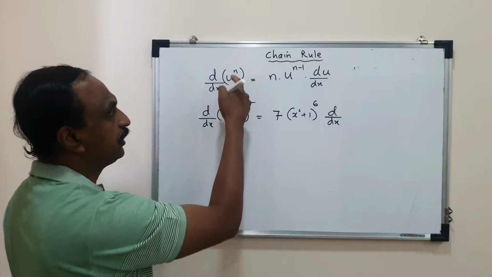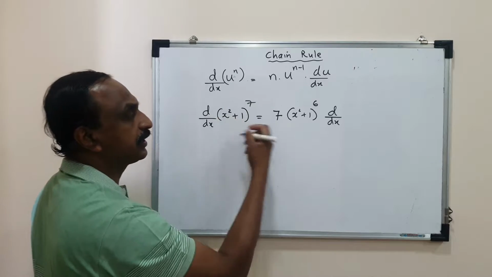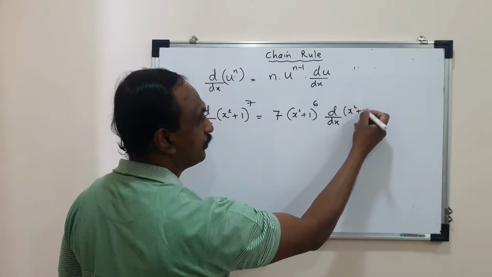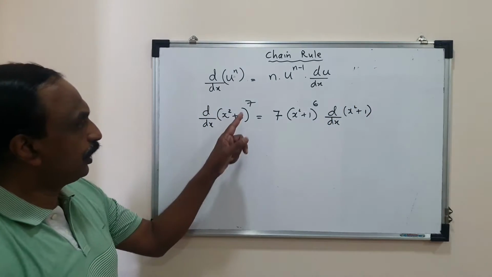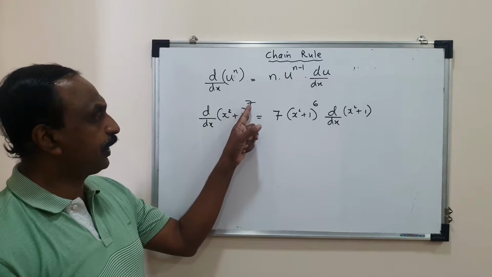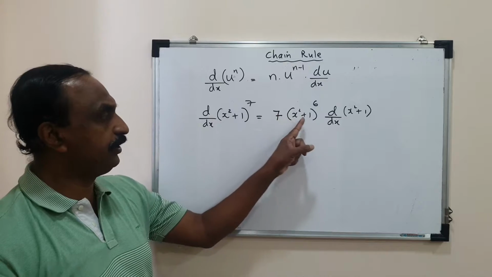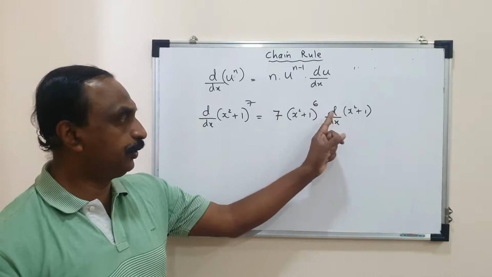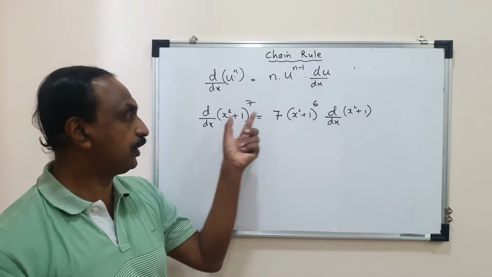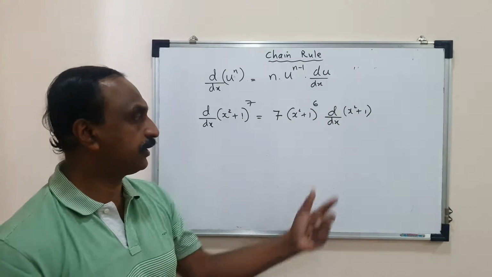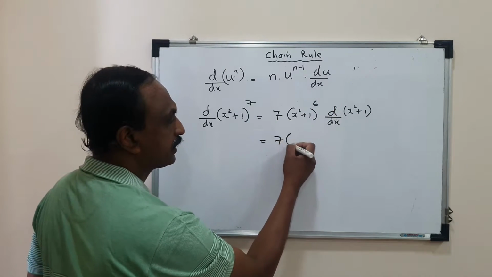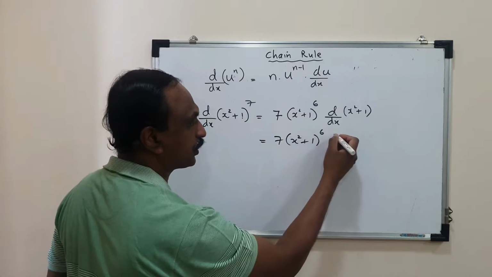What is u here? u is the base. What is the base here? x squared plus 1. So once again, u raised to n gives n u raised to n minus 1, so 7 u raised to 6 into the derivative of u. What does u stand for? The base, x squared plus 1. So my answer now became 7 times x squared plus 1 raised to 6.